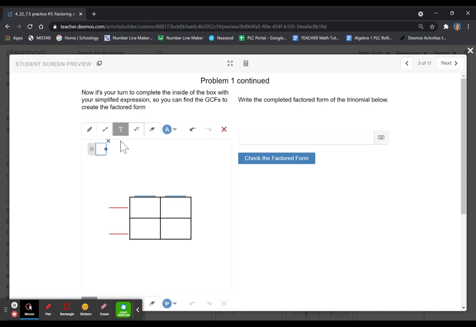So let me just rewrite it so I don't have to keep going back and forth or looking on my phone. So x squared plus 6x minus 16.